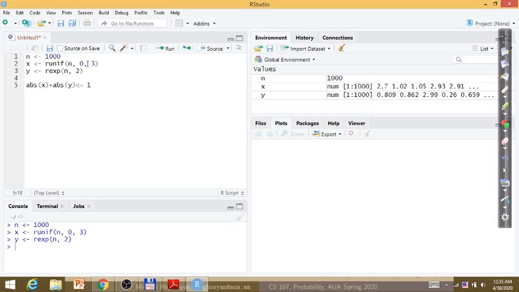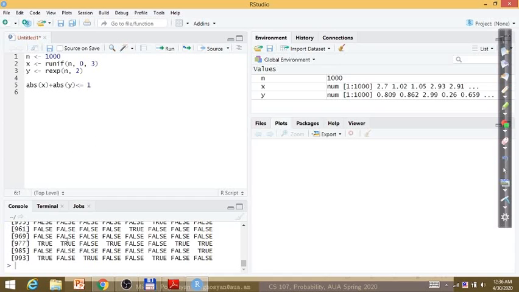So what I will do, if I run this, that will give false or true for each point xi, yi, so x is a vector of size 1000, y is a vector of size 1000. It is checking whether the absolute value of x plus the absolute value of y is less or equal than 1. It prints true, otherwise false. Think like this.